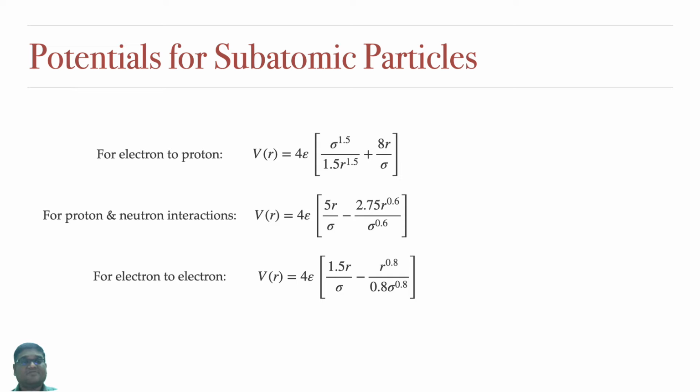And to model the nuclear forces, I included them in the proton and proton, electron interaction. I don't have to exclusively add strong and weak nuclear forces; those nuclear forces are modeled here itself, in this middle equation.